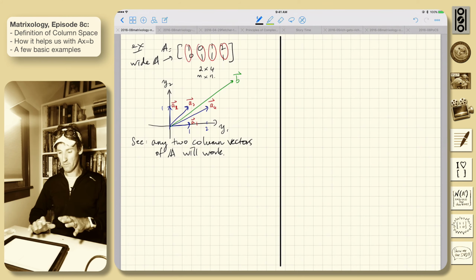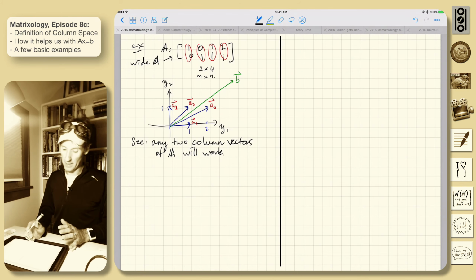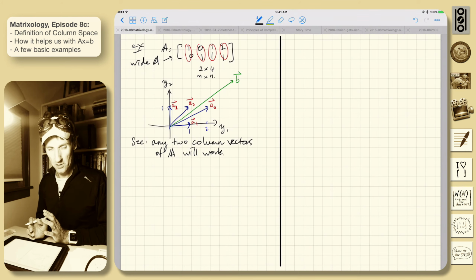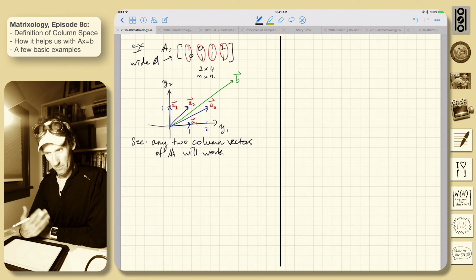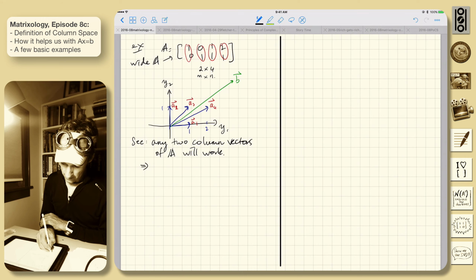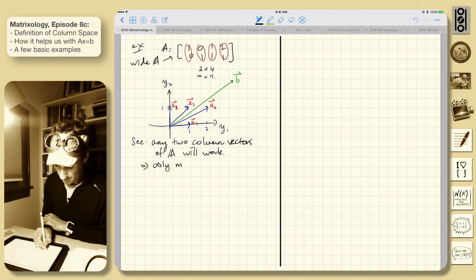Again, we have to find a way to do this mathematically, but we can sort of see that. So some linear combination of any of these two vectors will work, and that means there are more ways than one to do it, and we know that there will be infinitely many solutions.